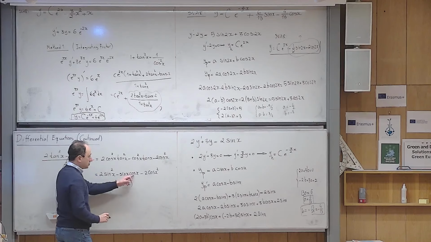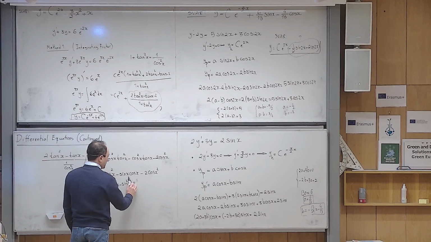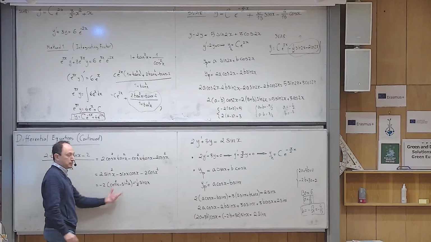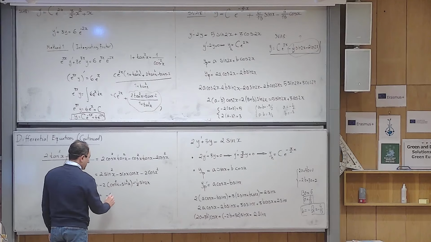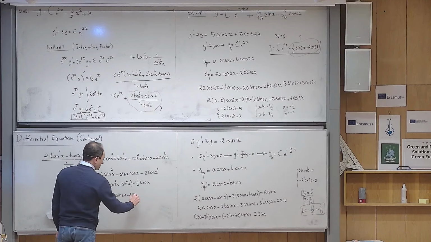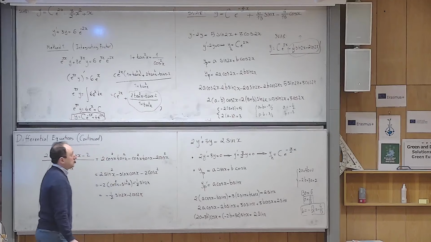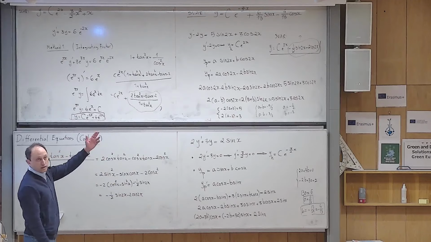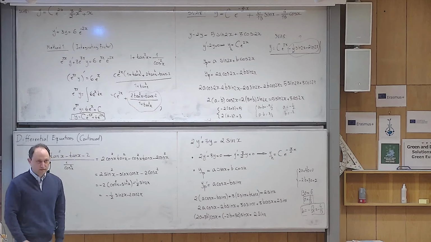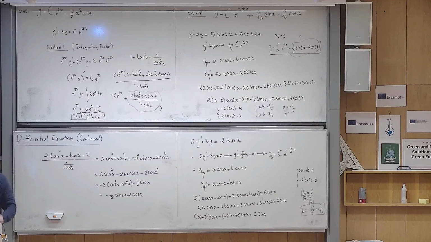And instead of sine cosine, I write 1/2 of sine 2x. That's correct, and this is the formula for cosine 2x. So it becomes minus half sine 2x minus 2 cosine 2x. And that's exactly there. So the answer is not wrong, but it is a little bit weird. Yes, and the simplification is not good.